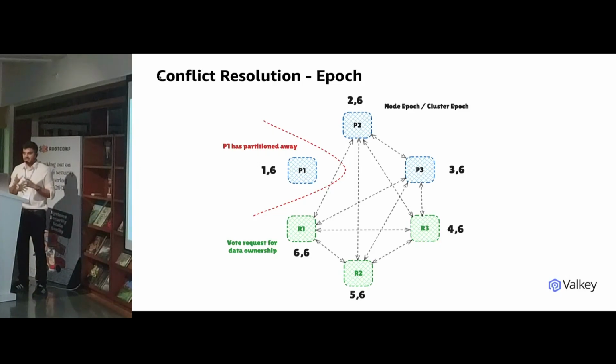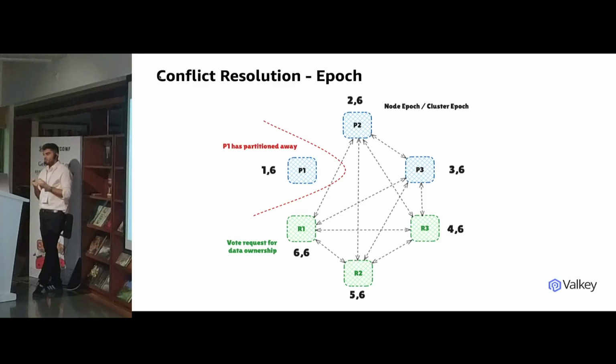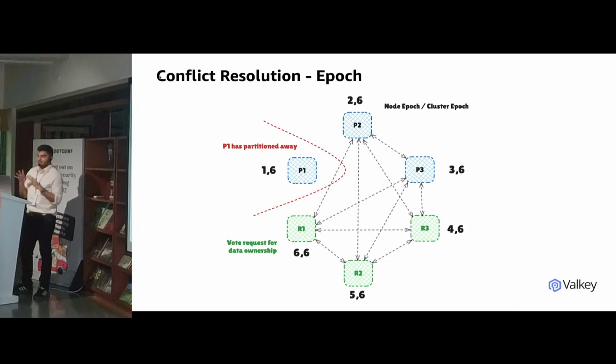If there is a conflict while the cluster is being created, the nodes would talk with each other and see that the epoch has conflicted, and one of the nodes would bump it. That is based on the lexicographic order of the node ID. But eventually, all the nodes would have a unique node ID and epoch value.